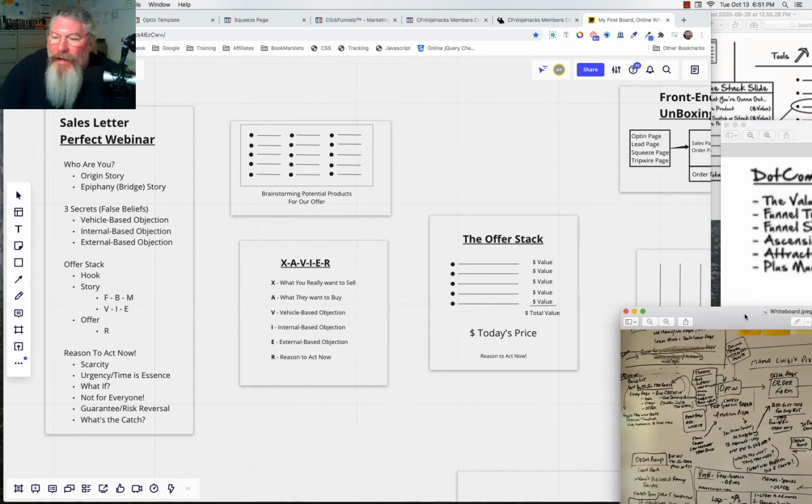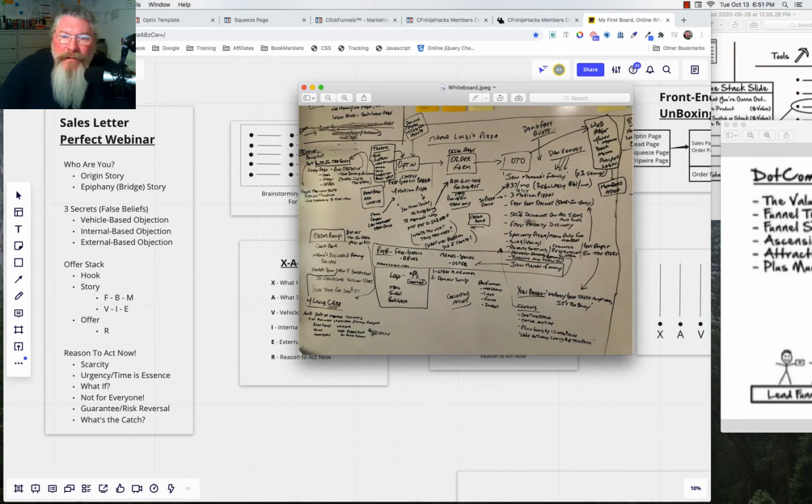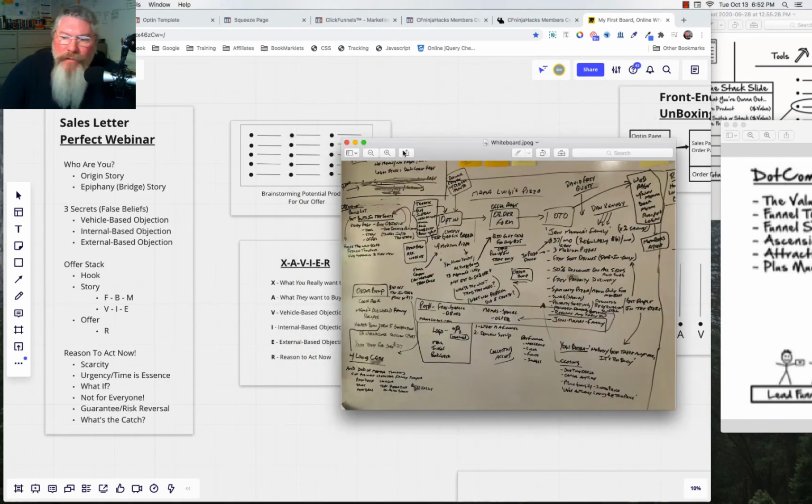If you really look at it, you've seen this picture already, and you'll see it more. That's really what I did here. I broke it down into what was going to be my opt-in, my order, and my OTO, but you don't even have to go that far at this point. I list off item after item of all the different things that they could potentially get that I'm going to put into my offer.